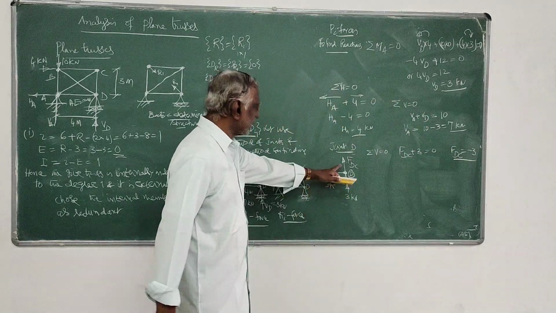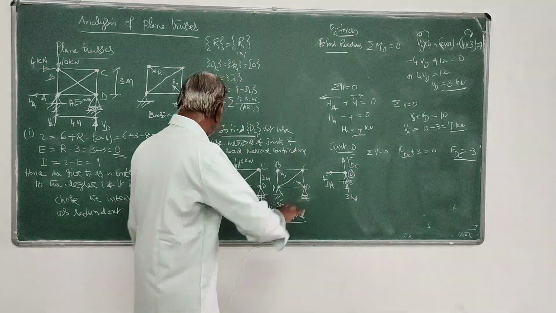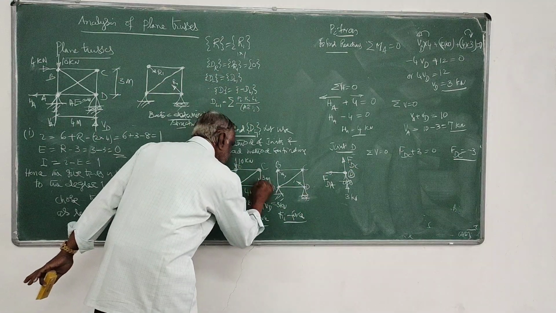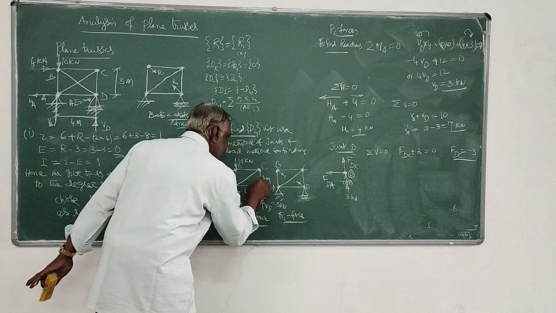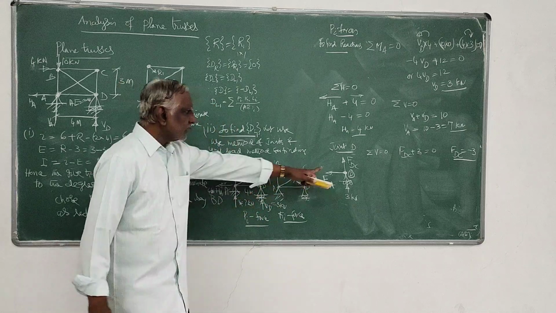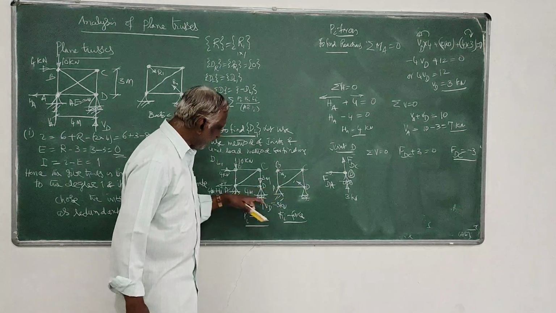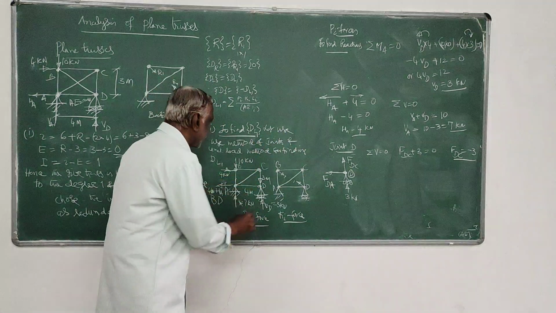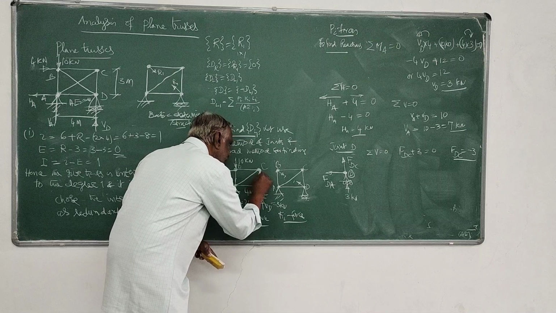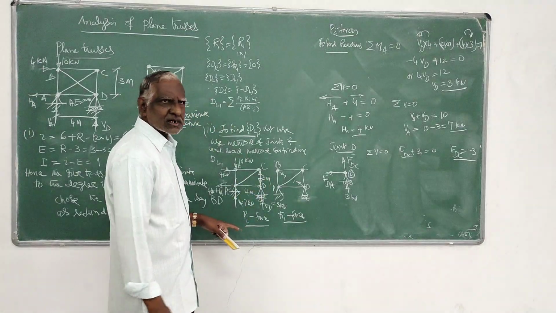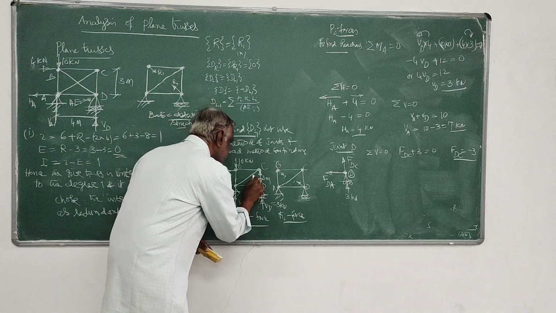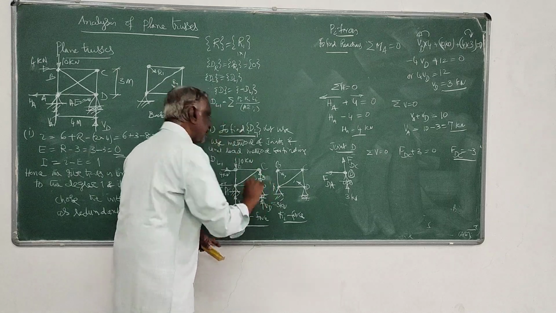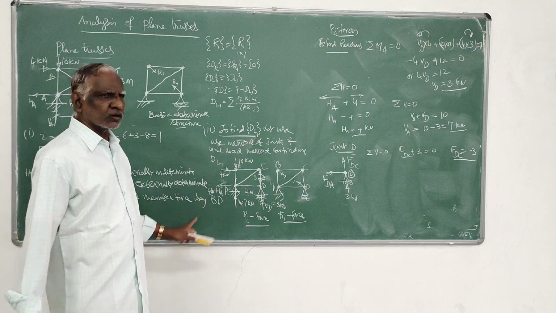Minus means whatever direction I have assumed, it should be reversed. So I will put the arrow now towards the joint D. Here I have taken the arrow moving away, but I have to put the arrow moving towards, because I am getting negative. At the other end also I have to put the arrow moving towards. So this is the force, 3 kilonewtons.